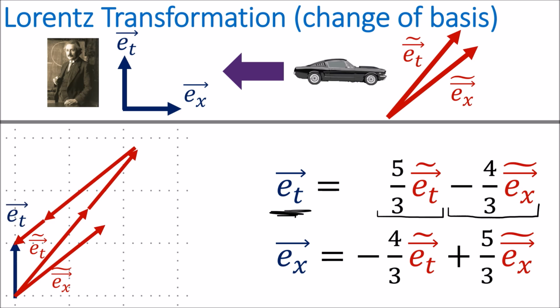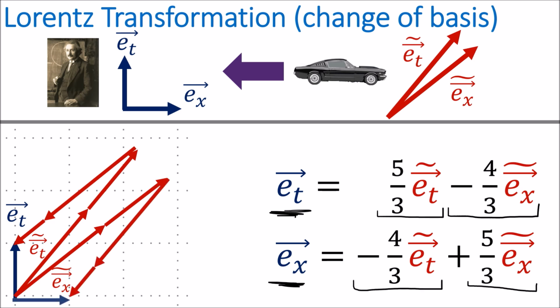And this gives us Einstein's et basis vector that we started with before. And also to get ex, we need 5 over 3 of ex tilde, and then subtract 4 over 3 of et tilde. And that also gives us the same ex vector we had before.